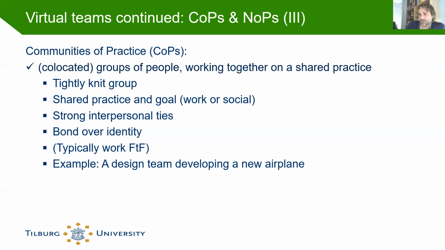So a community of practice is usually a larger virtual team, maybe different types of organizations, but usually they know each other and they work on the same task. So they have quite strong interpersonal ties. They don't have to be friends, but they know each other.